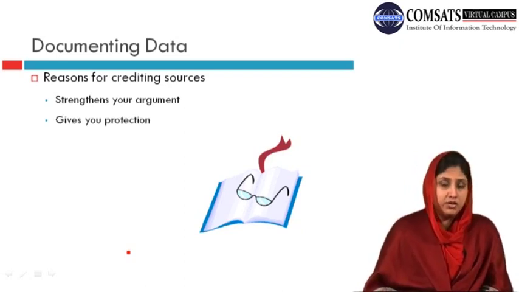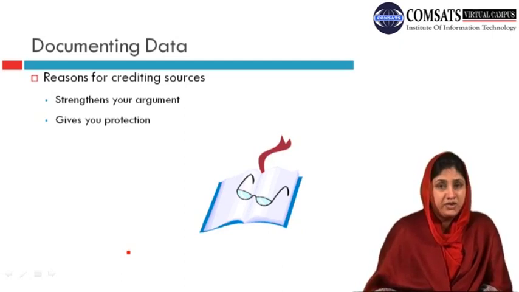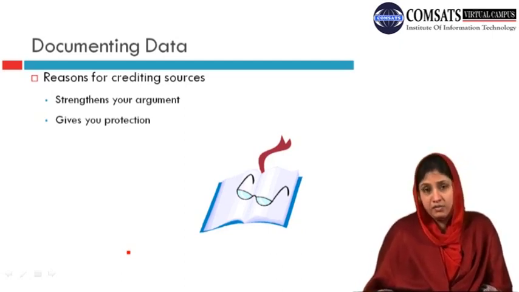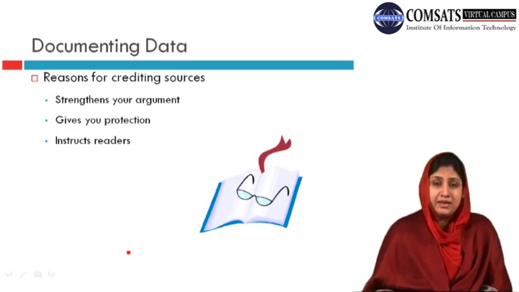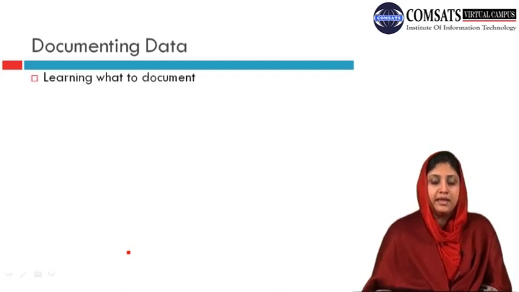It gives you protection. If you're questioned, you're ready with your answer. If you know the reasons, you are able to instruct readers, and you can anticipate the questions and embed the answers in the text before providing it to readers.